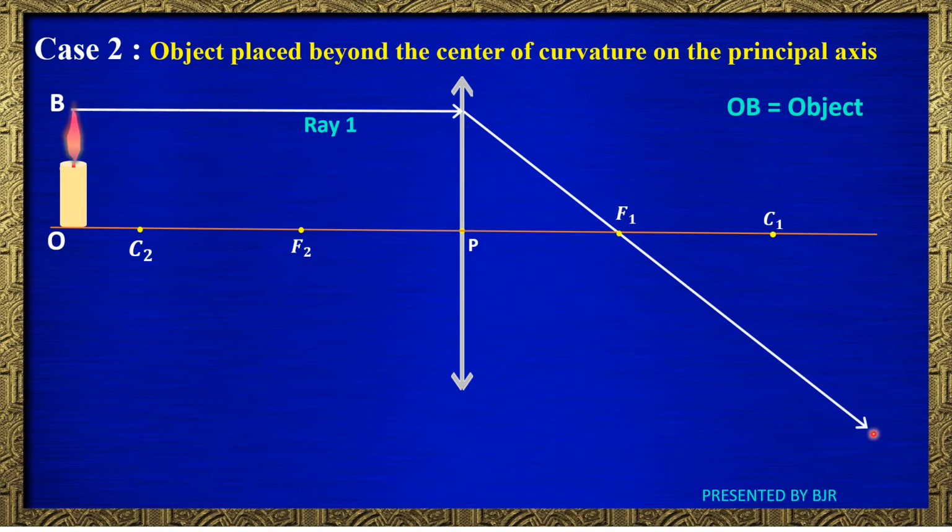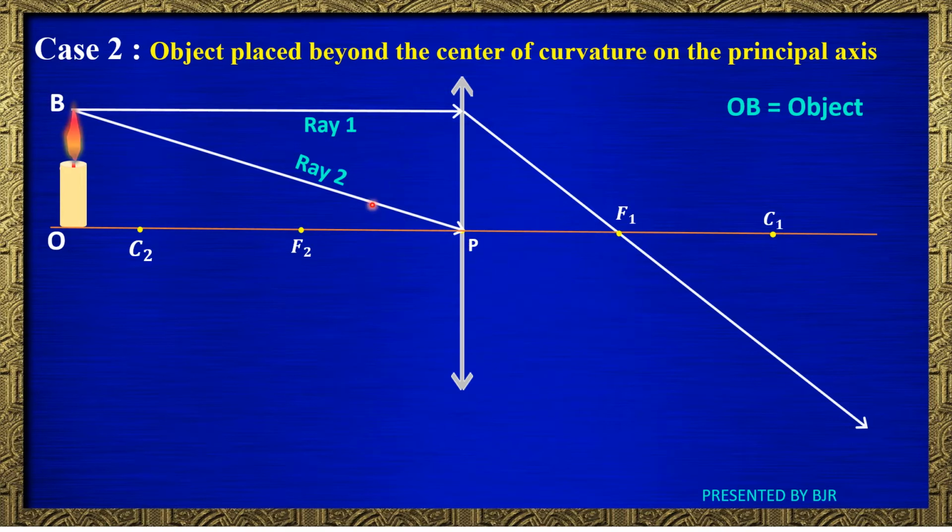Okay, and let us draw the second ray from the same point B. This is ray 2. It is falling on the lens at the optic center. We have already known this: any ray passing through the optic center is undeviated.